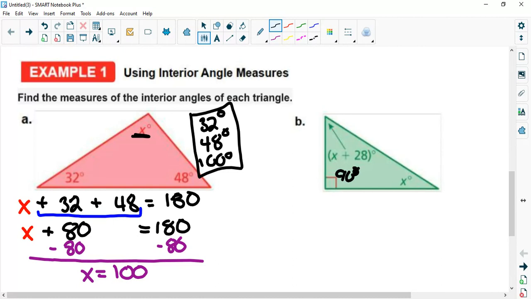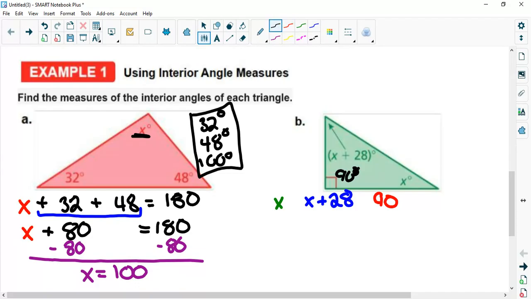And I can use this now to make my equation. We have x as one of my measurements, we have x plus 28 as a measurement, and we have 90 as a measurement.